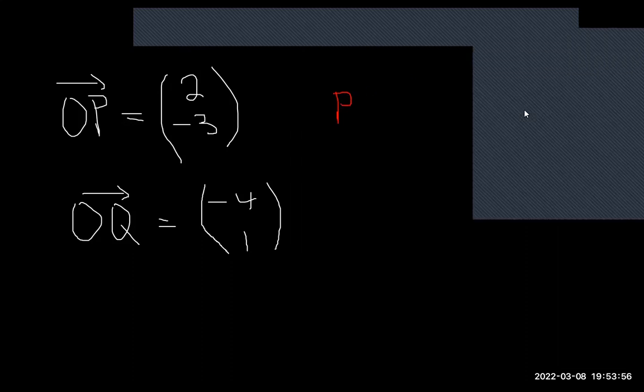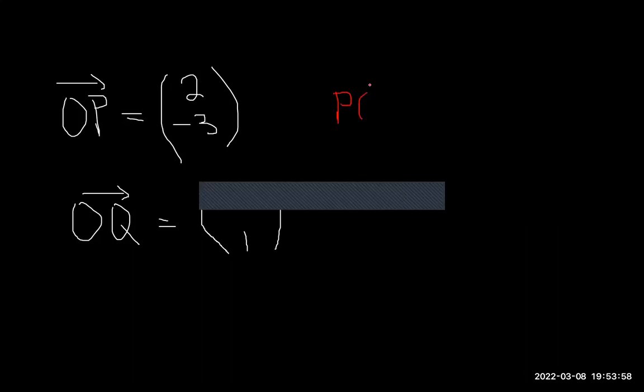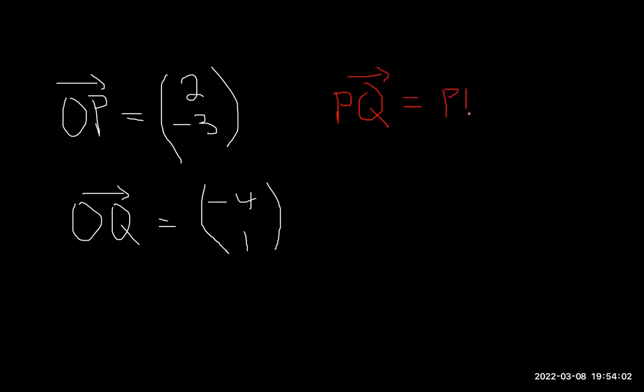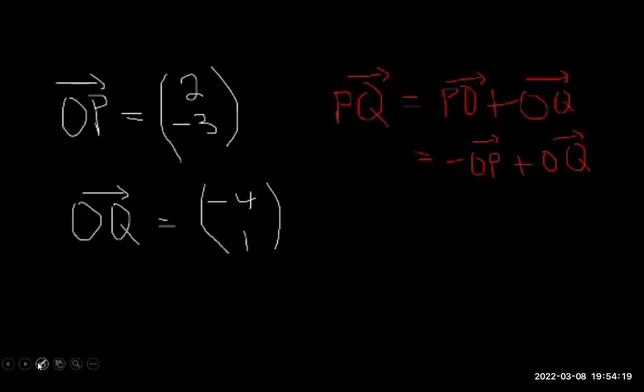Hold on, let me just remove this. PQ is equal to PO plus OQ. But we know that PO is the same as minus OP, plus OQ, and then we substitute accordingly.